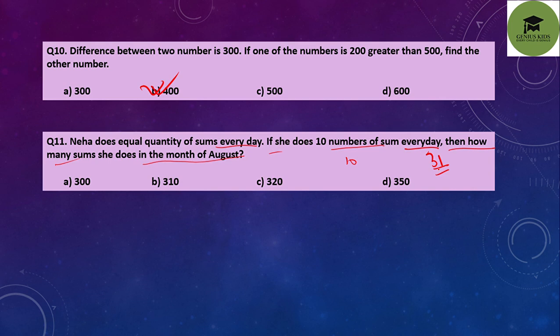Please remember, August has 31 days. So every day she will do 10 sums, so 10 plus 10 plus 10. This repetition of a sum is multiplication. So 31 into 10 gives you the answer 310. So the answer is B, 310. Okay.